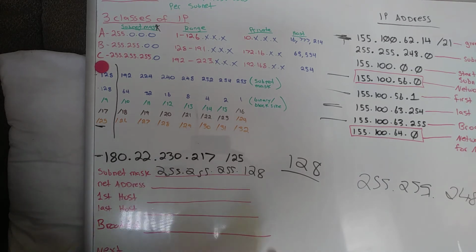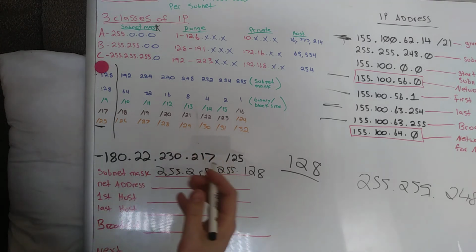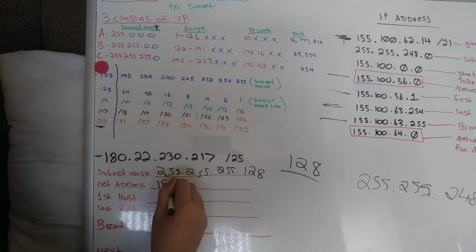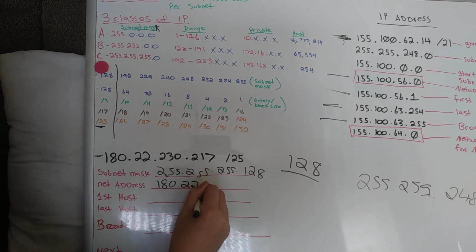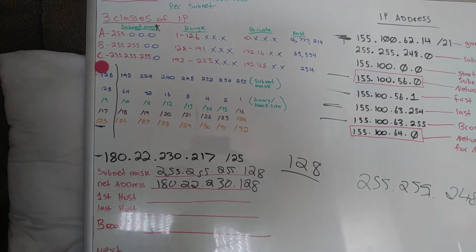So the next subnet would be 128 to 256. Does 217 fit in that? It does. So we know that our network address, that's what the network address means, the start or the title of the subnet that we are working in, is 180.22.230.128. Okay?